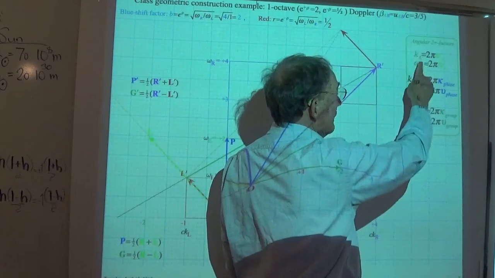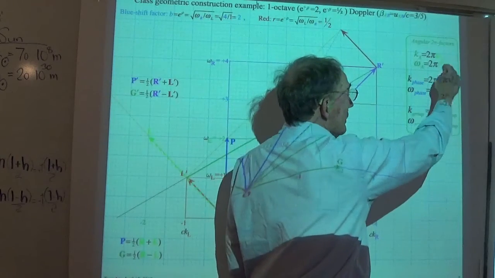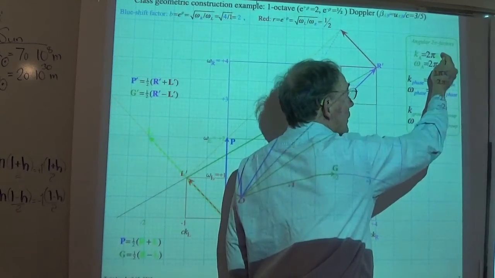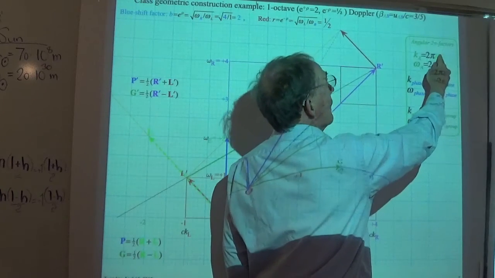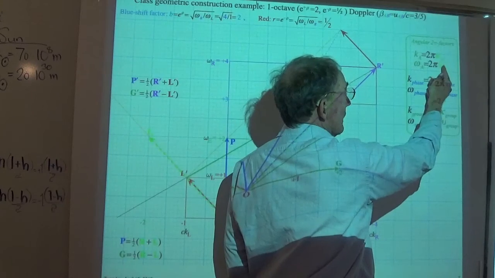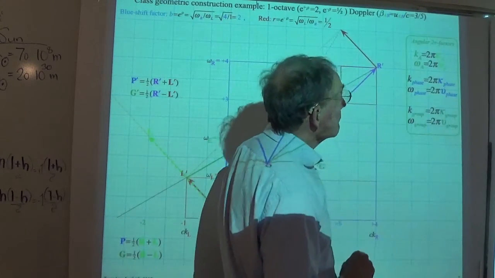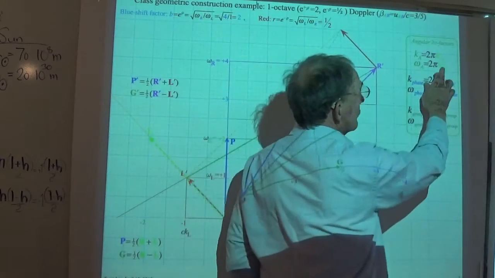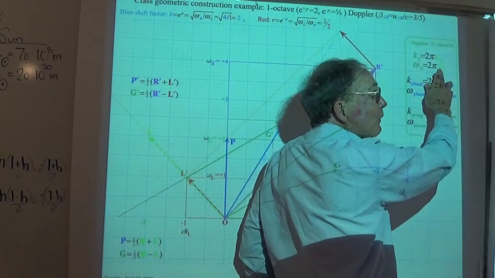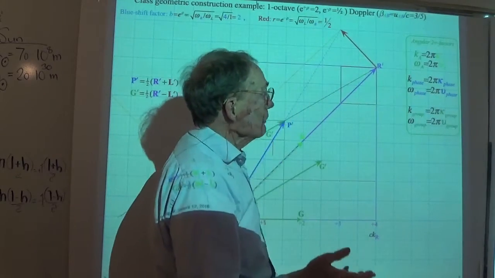That is, k and omega are each 2 pi times these things, which are just numbers of something, say the number of waves per meter and the number of waves per second, nu and kappa. And this is actually a Greek U. It's Omicron, but I think it's really a Greek U. So you have your choice.